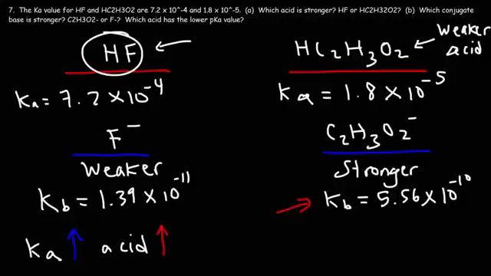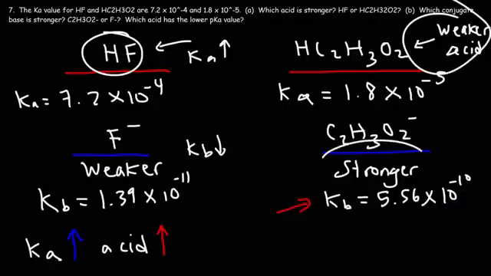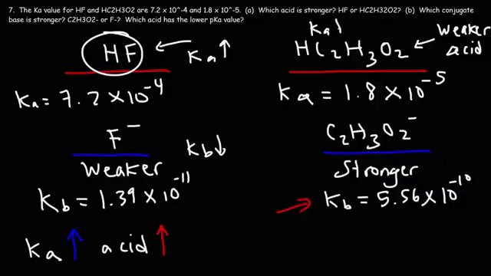So remember, the stronger the acid, the weaker the conjugate base. HF is the stronger acid, fluoride is the weaker conjugate base. This has a higher Ka value, so it's going to have a lower Kb value for the conjugate base. Here, this is the weaker acid, but this is going to be the stronger conjugate base. As you decrease the Ka value for an acid, the Kb value for the conjugate base increases. So they're inversely related, so to speak.